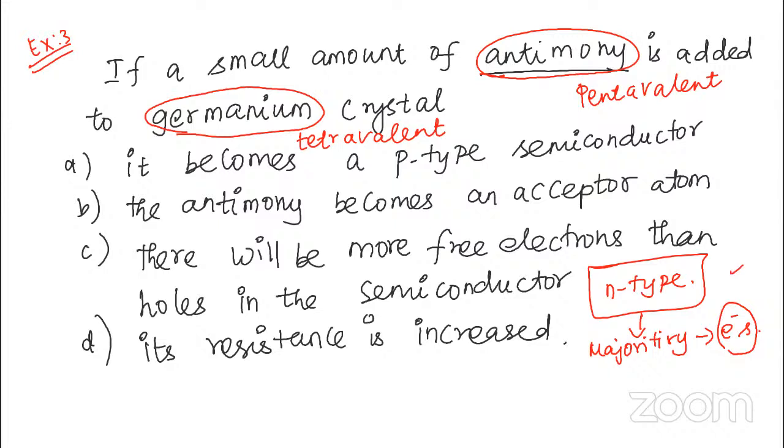In an N-type semiconductor, electrons are maximum.